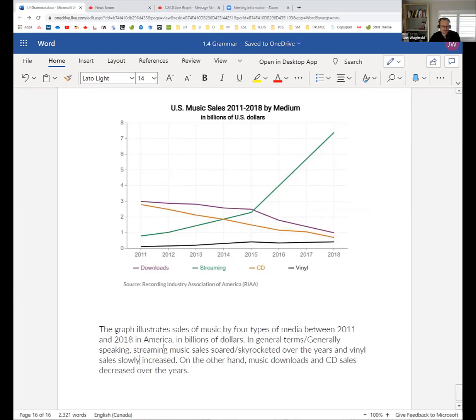If your business doubled in 7 years, you'd be thrilled. Here it increased 5 times over 7 years. Okay, generally speaking, streaming music sales soared or skyrocketed over the years, and vinyl sales slowly increased. On the other hand, music downloads and CD sales decreased. We've already got over the years. What's a synonym for over the years for this task?